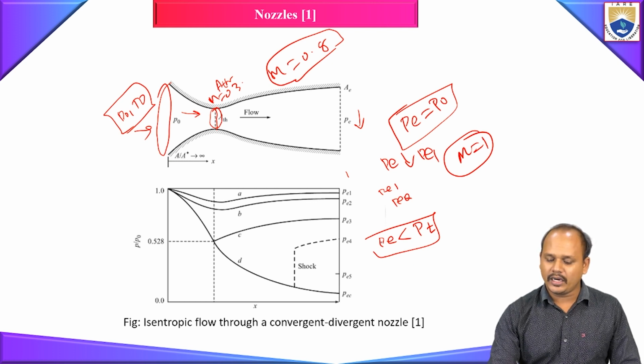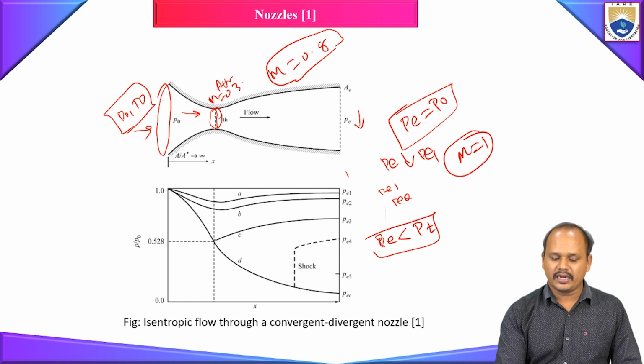So if the pressure at the exit plane is less than your throat pressure, your flow will keep on accelerating. At the end, you will produce the supersonic flow. If not, if the pressure at the exit plane is greater than your throat pressure, what will happen? Your flow won't be accelerating, it will once again be decelerating.